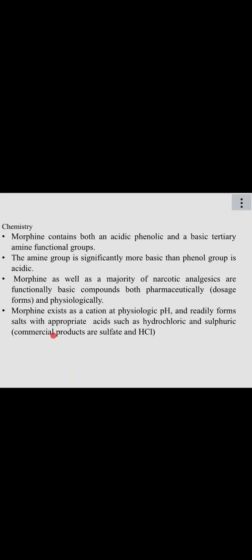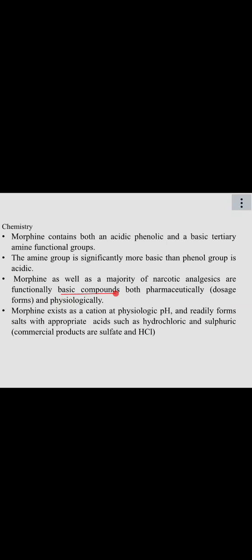It is a base, it accepts protons. But at the same time, morphine at position number 3 has a phenolic hydroxyl group. And you know, phenolic hydroxyl groups also exhibit very, very weak acidic properties, and therefore, overall, morphine will be basic in nature. So we can say it contains a weakly acidic phenolic group and a basic tertiary amine functional group. The amine group is significantly more basic than the phenolic acidic group. Morphine, as well as a majority of narcotic analgesics, are functionally basic compounds, and I have explained why: it's a tertiary amine.